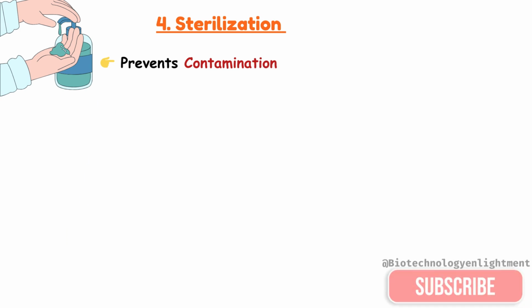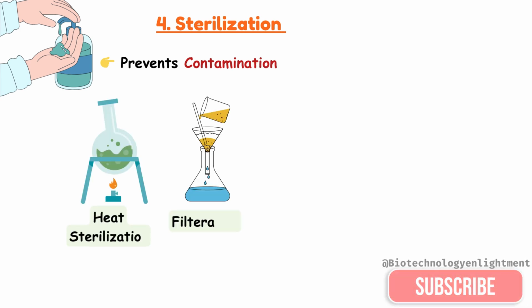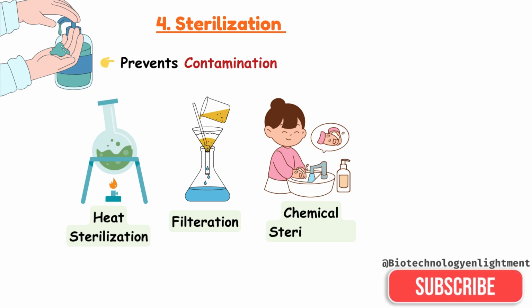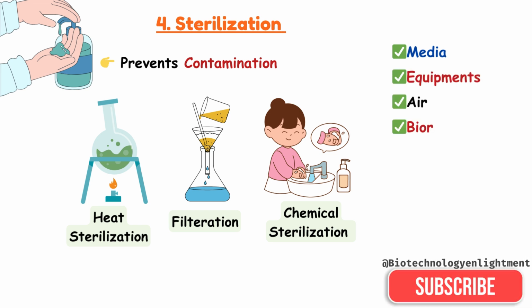The 4th step, sterilization. Sterilization is an essential process for preventing contamination. This mainly includes heat sterilization, filtration, or chemical sterilization methods. These are the various methods used for preventing contamination. Sterilization is done for the media, equipment, the air supply, and the bioreactor.